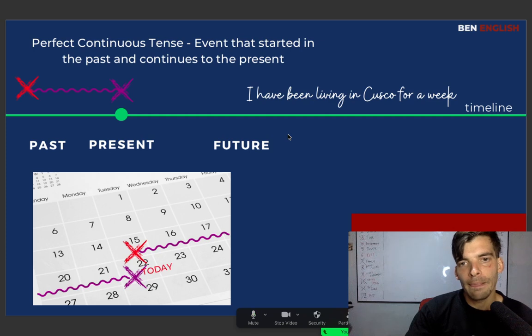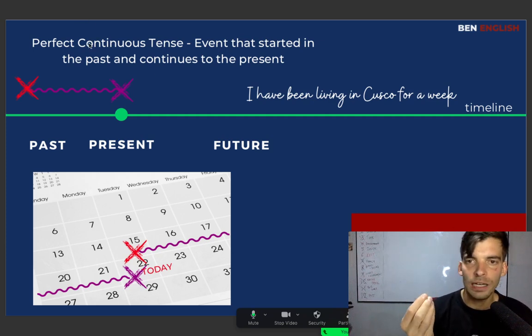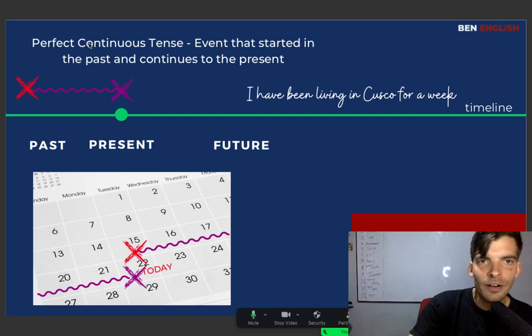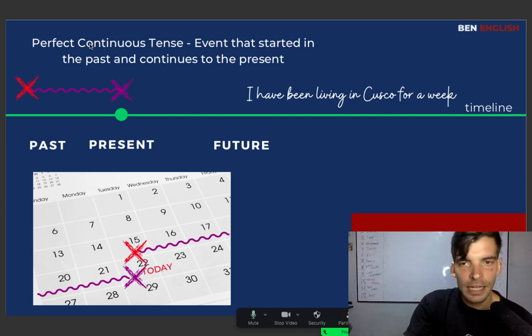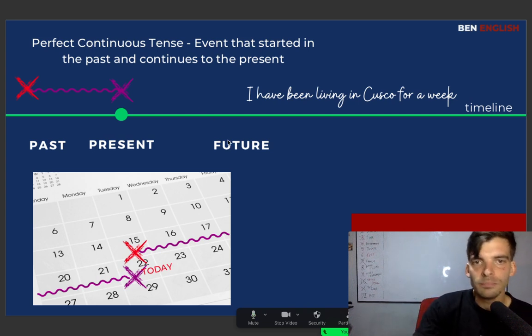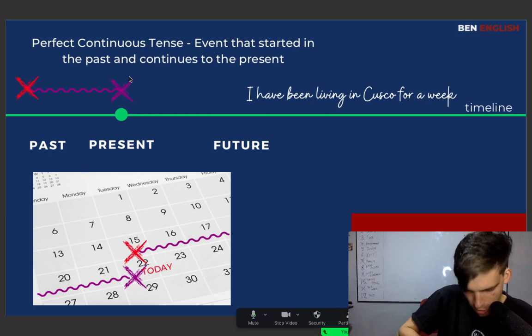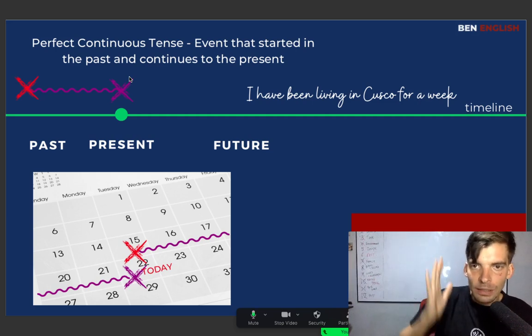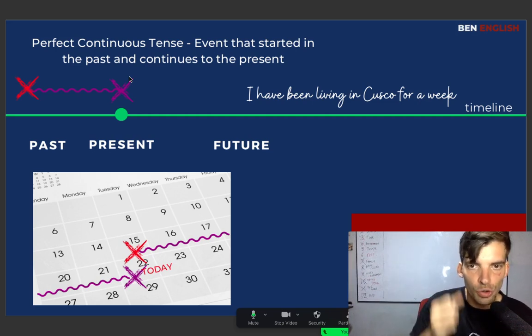So the continuous, again, also always has that kind of feeling of temporariness. Is that a word? Temporariness? It's temporary. Doesn't feel permanent. What's important is that it happened in the past and it's true to the moment. Like today, I still live in Cusco. So it's true to the present moment.